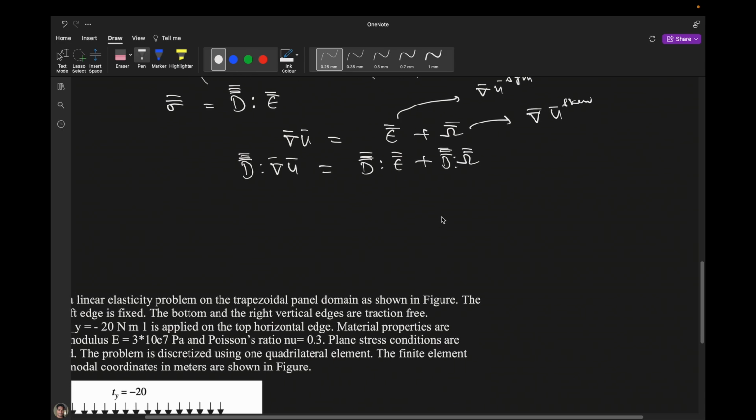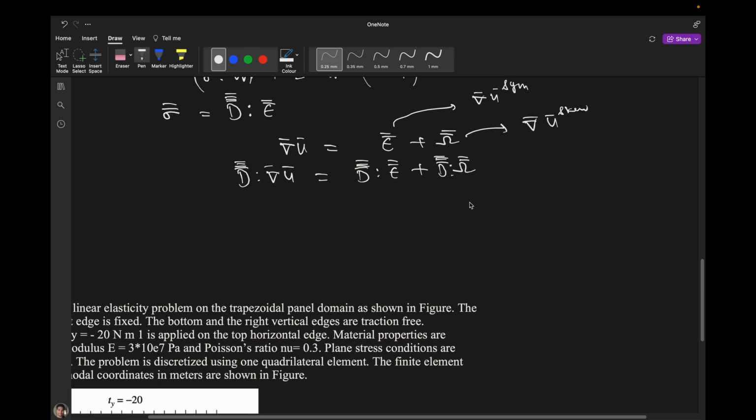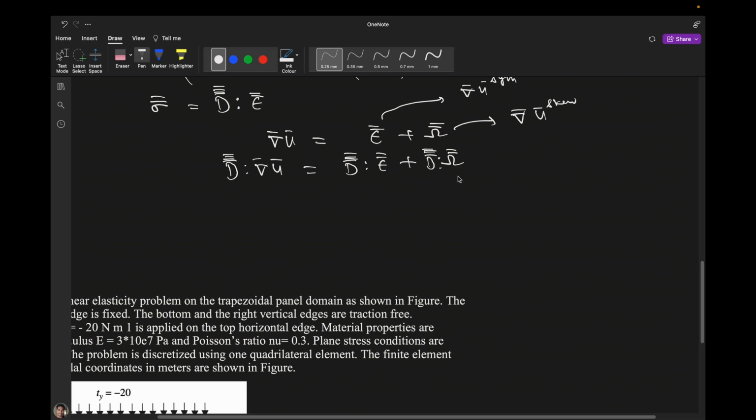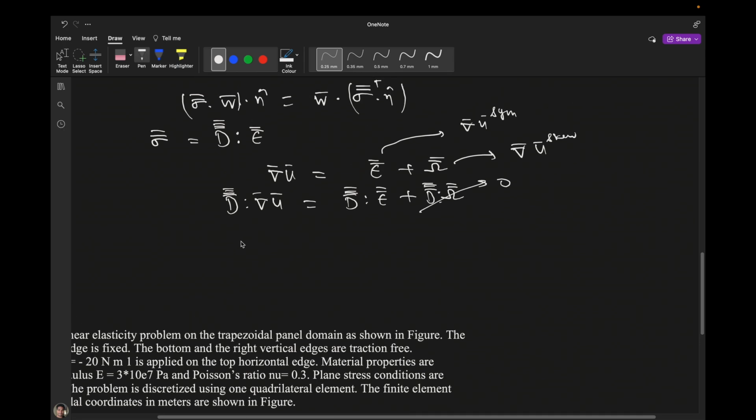There is one property that the double contraction of a symmetric tensor with a skew symmetric tensor becomes 0. So that's why we can directly use this thing as this.